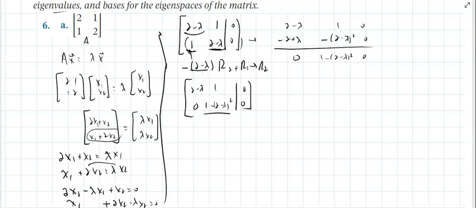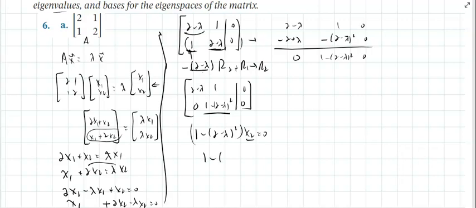So, doesn't that mean that this times x2 equals 0, right? Now we know x1, x2 can't be 0. This vector can't be 0.